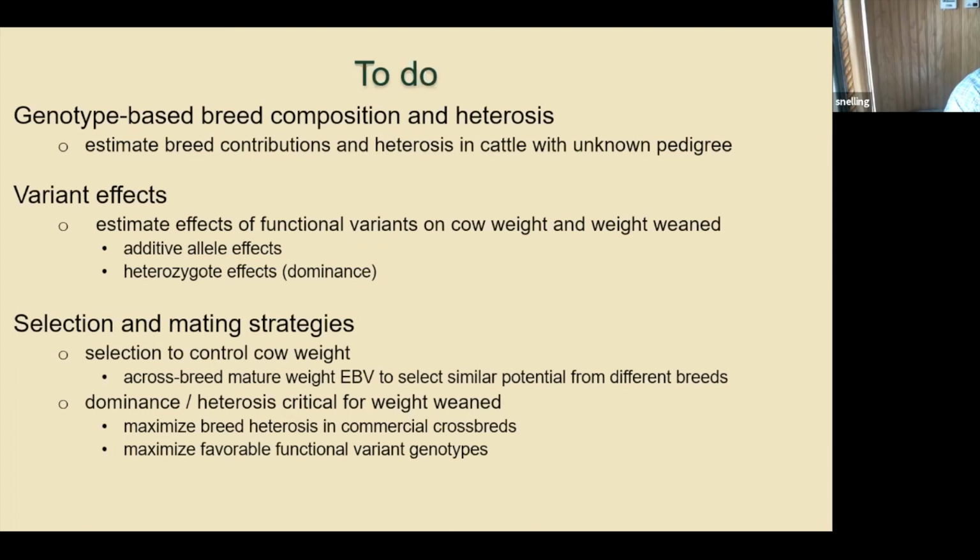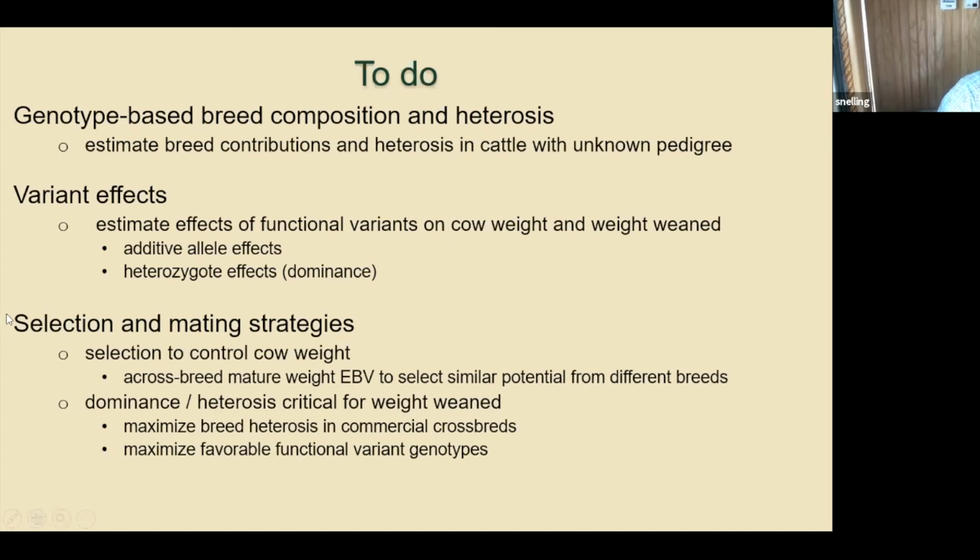I was interested in our first talk today where we saw non-additive effects on bull fertility, and I'm hoping to see the same sort of thing when we estimate the effects on the cow productivity.